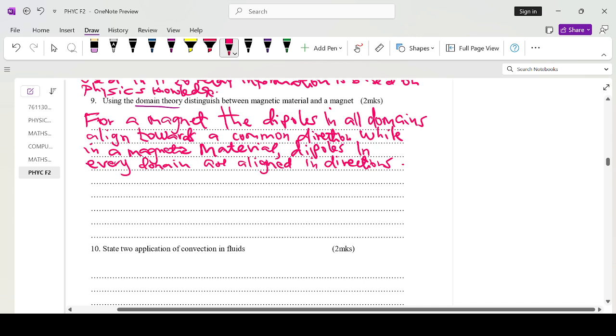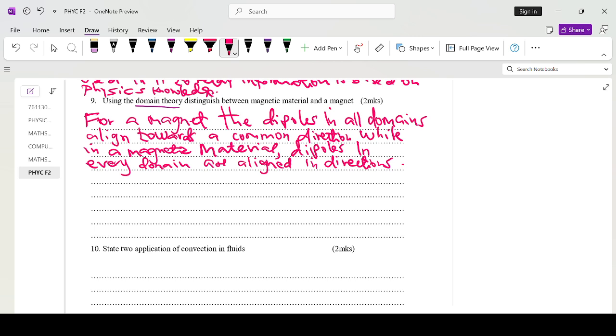Now, how will you distinguish this? A magnet already has magnetism in it. Because it has magnetism, all the dipoles in all the domains face towards one direction. That's a clear indicator that even if it was a magnetic material, if all the domains have aligned in one direction, then that magnetic material is a magnet at that time. But a magnetic material may not have magnetism at that time.